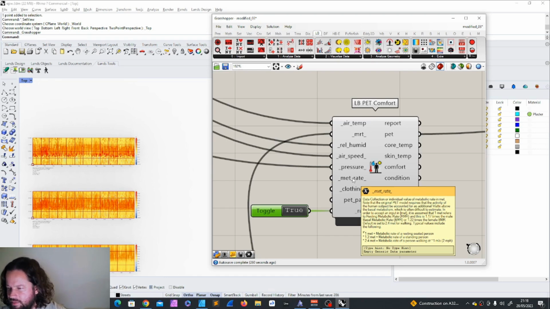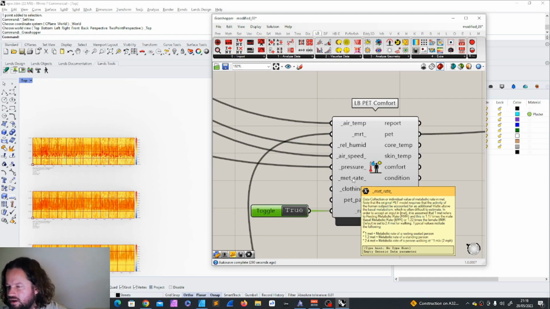In order to accept an input in MET, it is assumed that 1 MET refers to the resting metabolic rate, and this is 1.7 times the male basal metabolic rate, or 1.22 times the female basal metabolic rate. Default is set to 2.4 MET for walking.